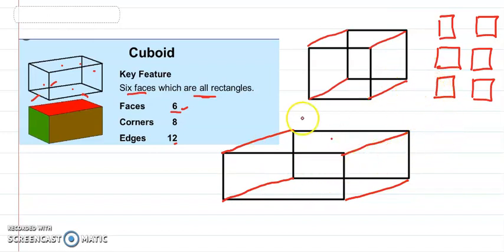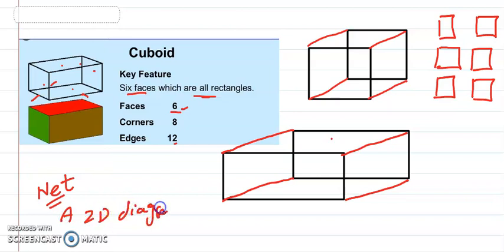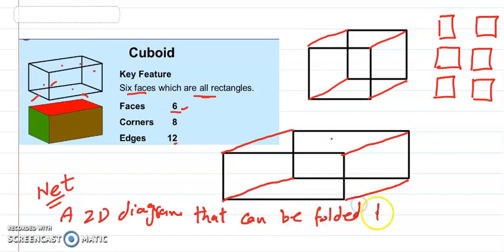So if I open them and convert them into the 2D shape, then this representation is called net. What do we call it? Net. So net, I will say, it's a 2D diagram that can be folded to make a 3D shape.